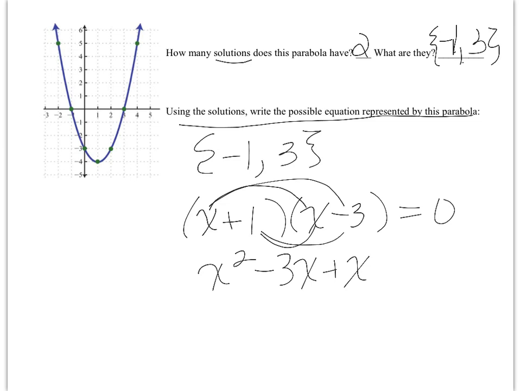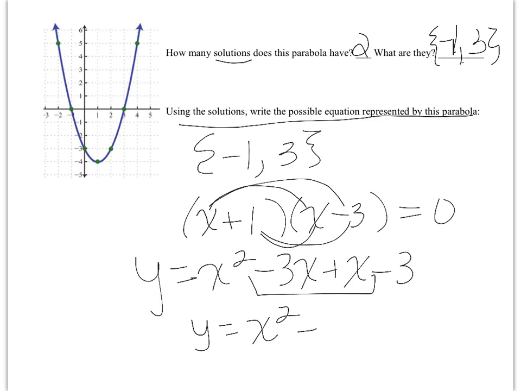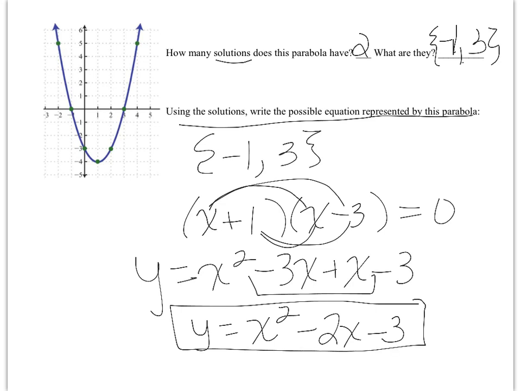I'm going to do 1 times -3 is -3. And I'm going to start this off with y equals. And then I'm just going to combine my like terms. So now my equation might look like this: y equals x squared minus 2x minus 3. And this is a possible equation that would result in these as my x-intercepts or my zeros.